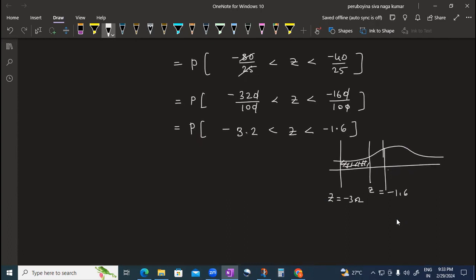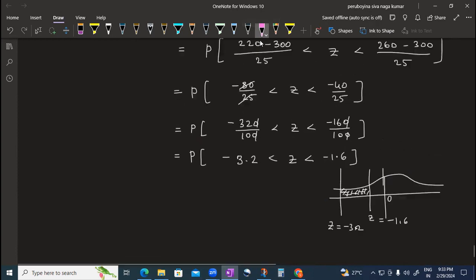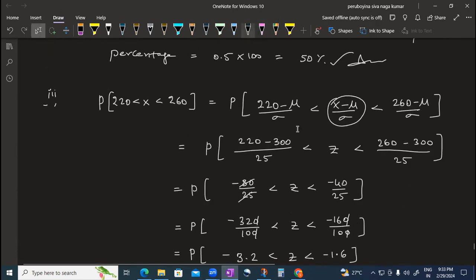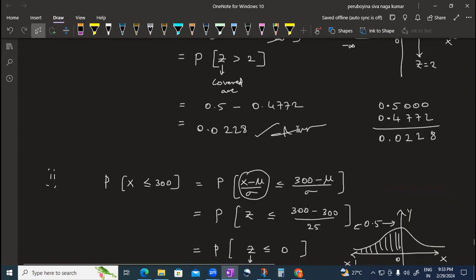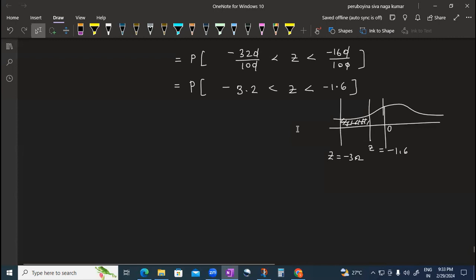From 0 to minus 3.2, that is 0 to 3.2, is 0.4993, from 0 to the 3.2 line.